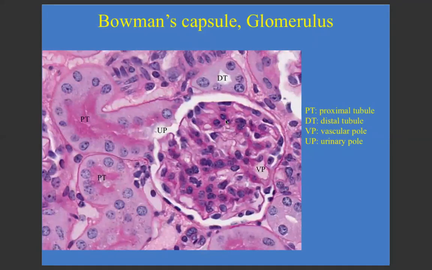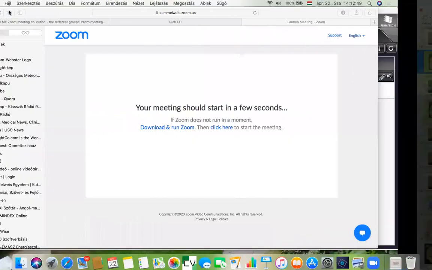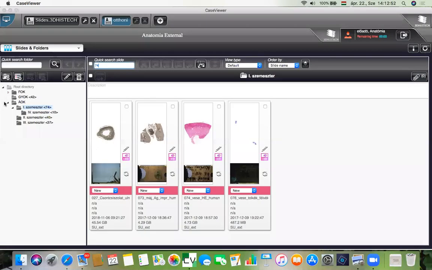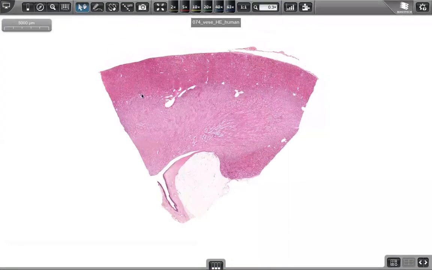Now, let's see, now you can see the slide. Look at that. This darkly stained area is the cortex. This paler one, that's the medulla.